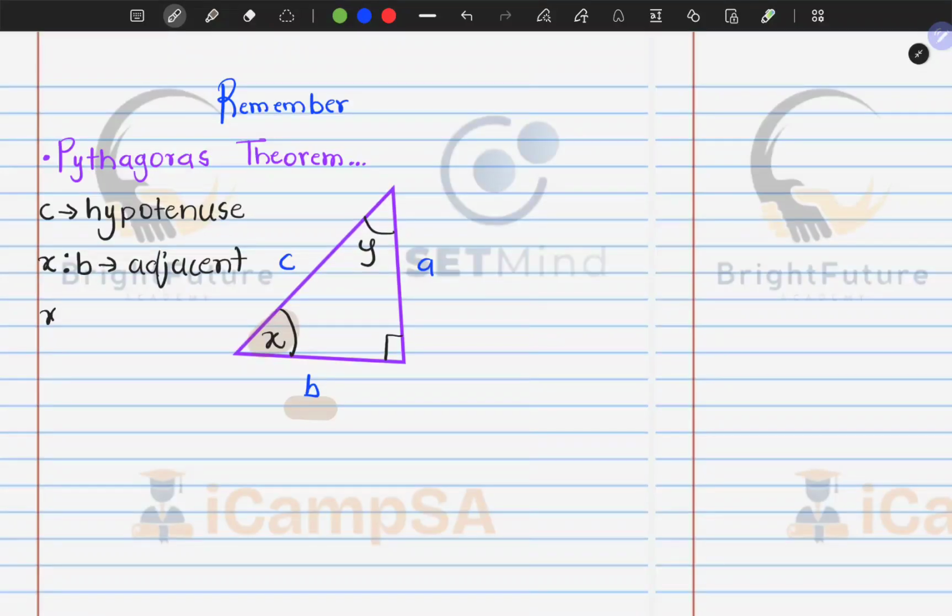And still standing from X, A becomes our opposite side, because A is opposite X.